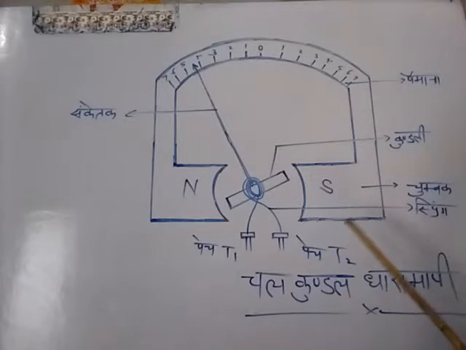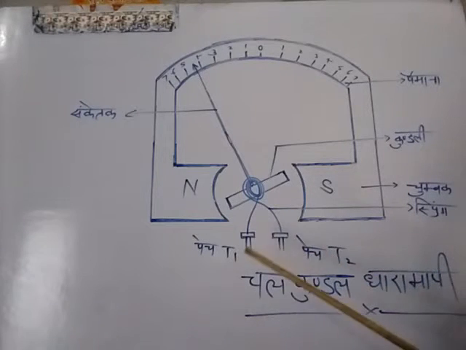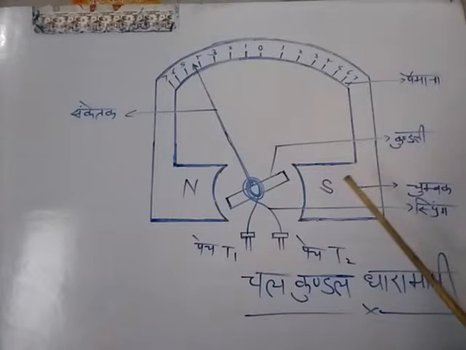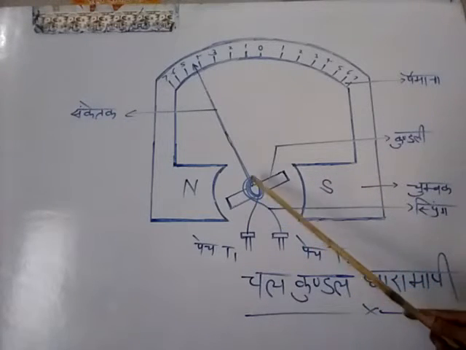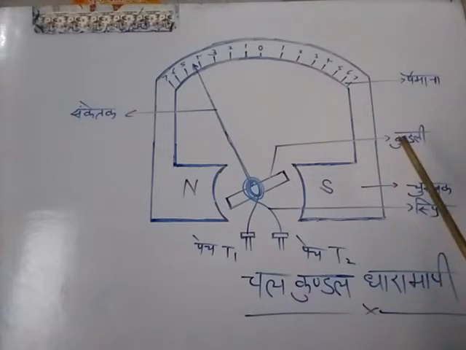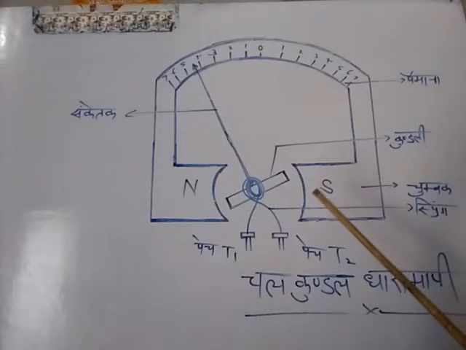Here is terminal T1 and here is terminal T2. And the flexible spring is wound on the coil, the current carrying coil.